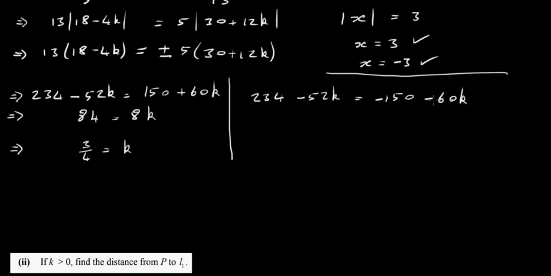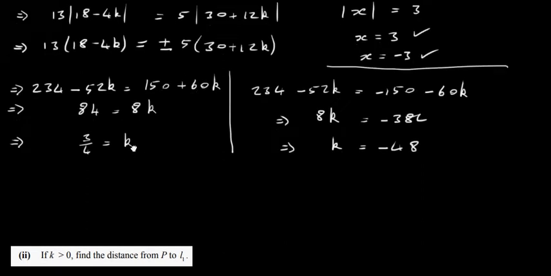Okay, so if I bring the k's over to the left hand side, I end up with again 8k, and bring the numbers over to this side, I end up with minus 384. Divide across by 8, I get k is equal to minus 48. So these are my two solutions for k, and that's really it for this part.